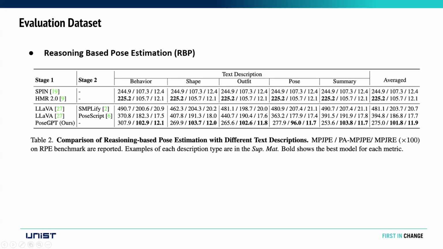As we can see, PoseGPT can offer a good result in PA-MPJPE, but it cannot achieve a good result on MPJPE if we compare it to the traditional human pose estimation methods.